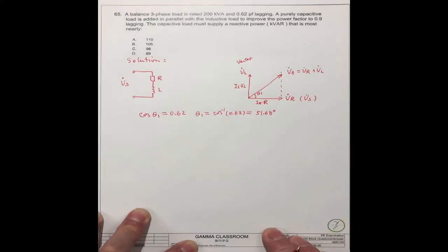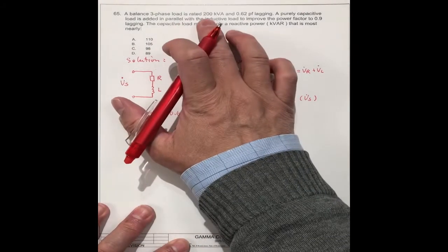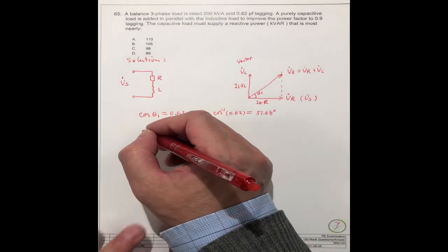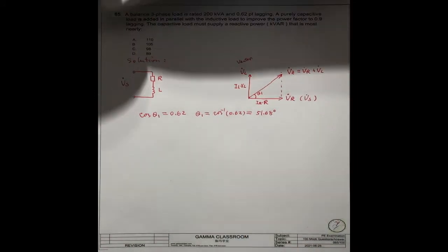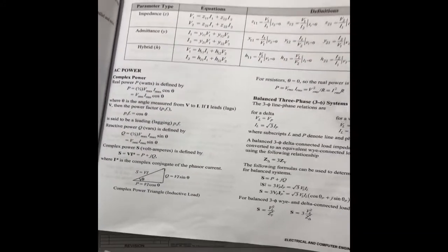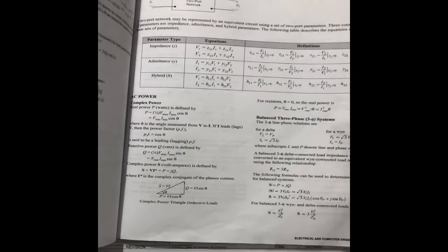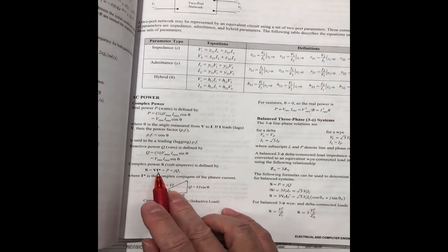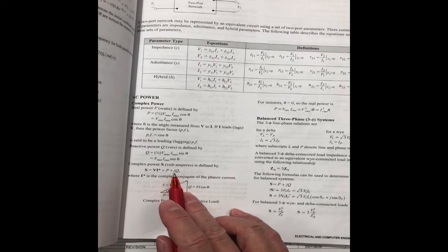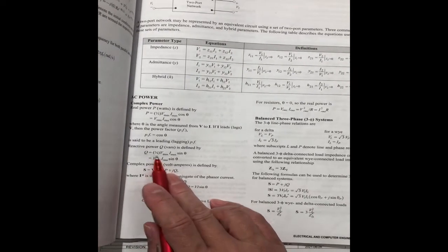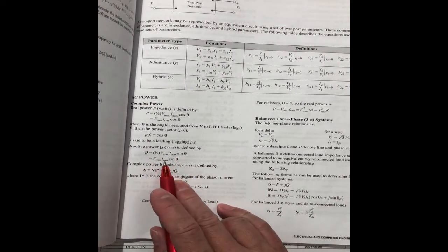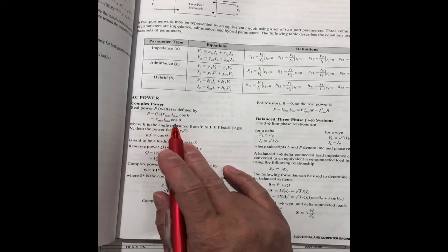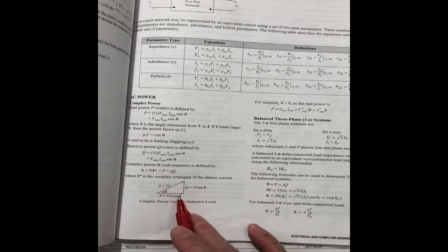We know the total power is 200 kVA. We can find the formula on page 197, where I talk about the AC power. S equals VI, equal to P plus jQ, where Q is VI sine theta and P is VI cosine theta. You can check the book.